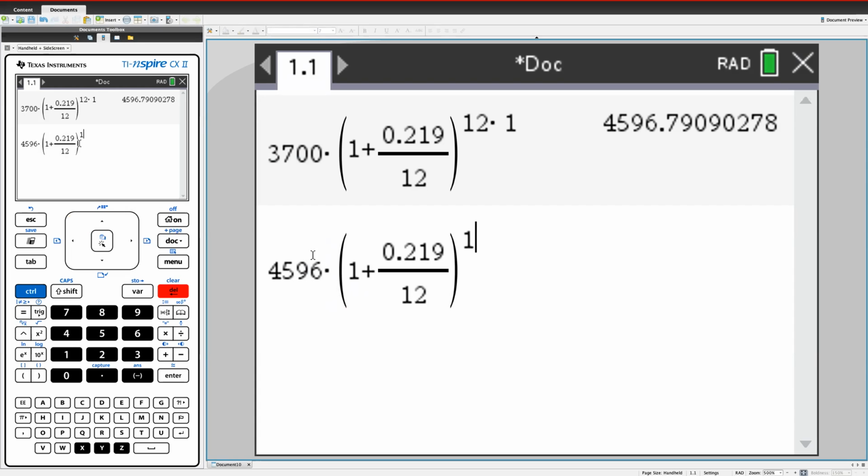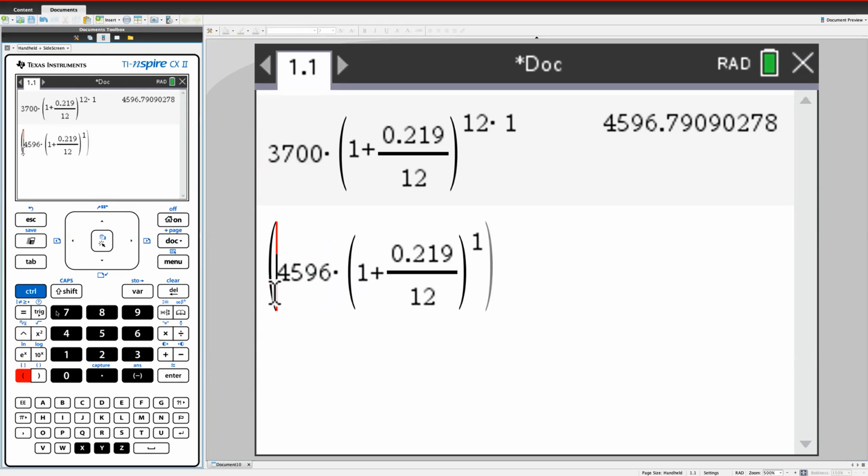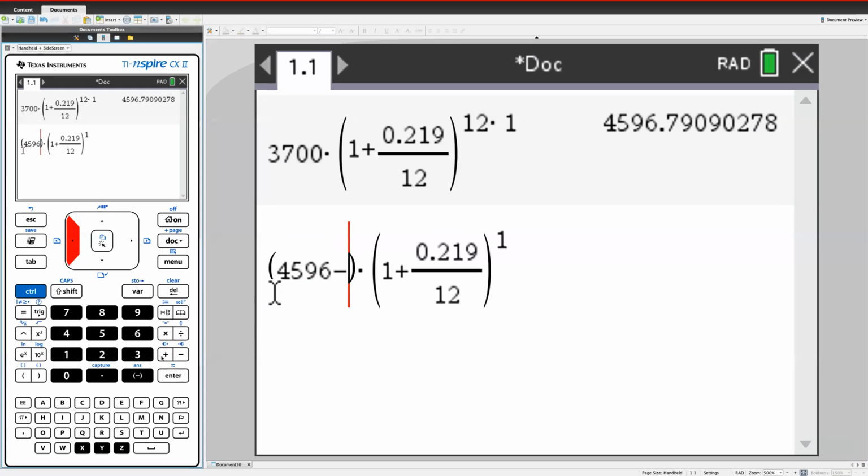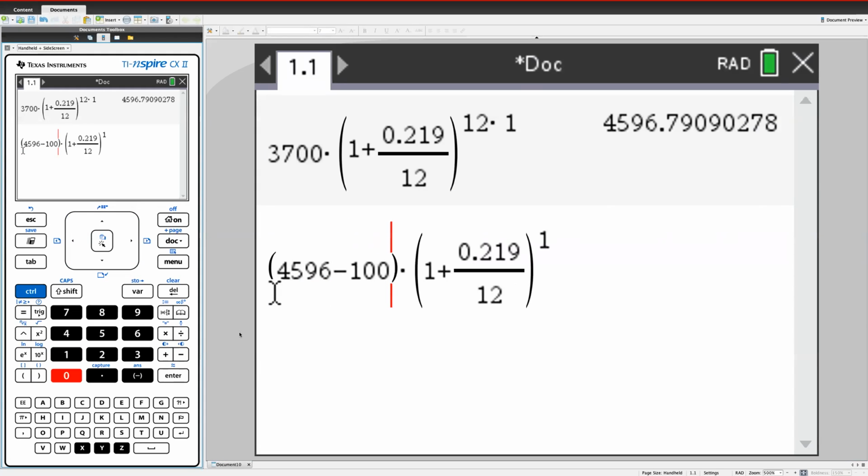Now, that's compounded one time, but how much of a payment do we make? Minus 100. So he pays 100 off that balance, but then the rest of it gets compounded one time. Press enter. What is it after 1 month?